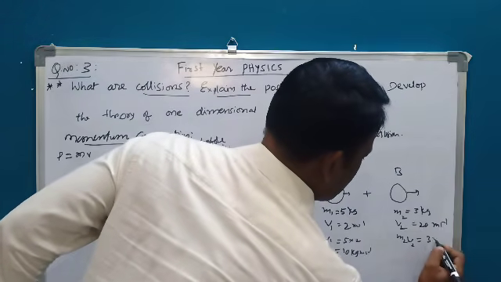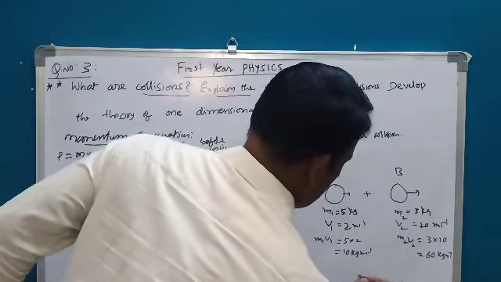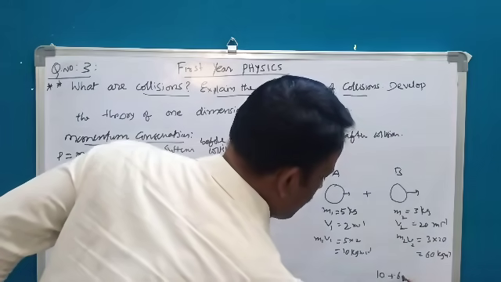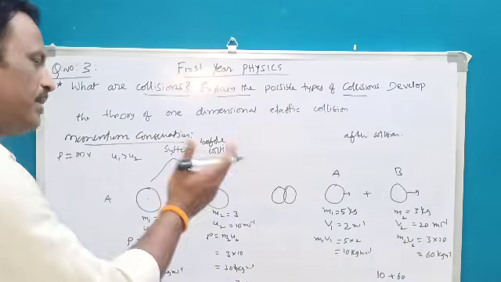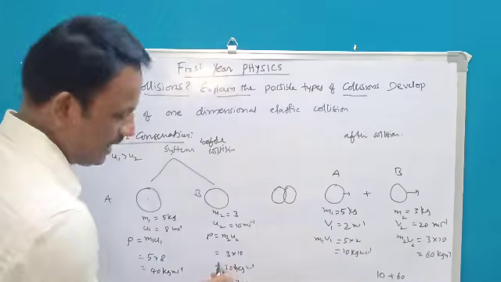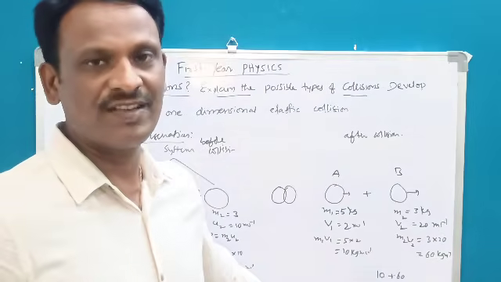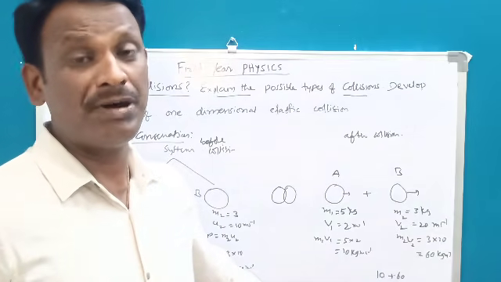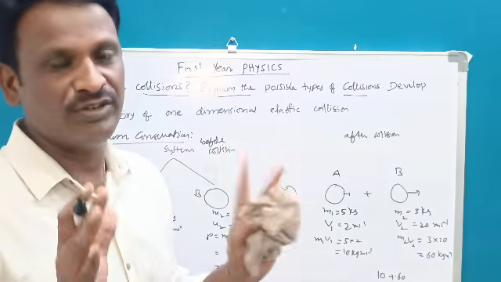Now 3 into 20, that is 60 kg meter per second. If you add these two, again you are getting 70. That means before collision, whatever momentum the system has, after collision also it is going to have the same amount. But the important thing here is the momentum is redistributed.